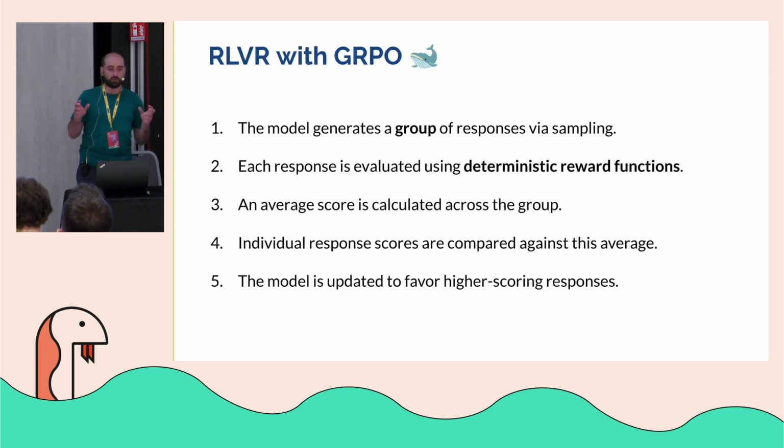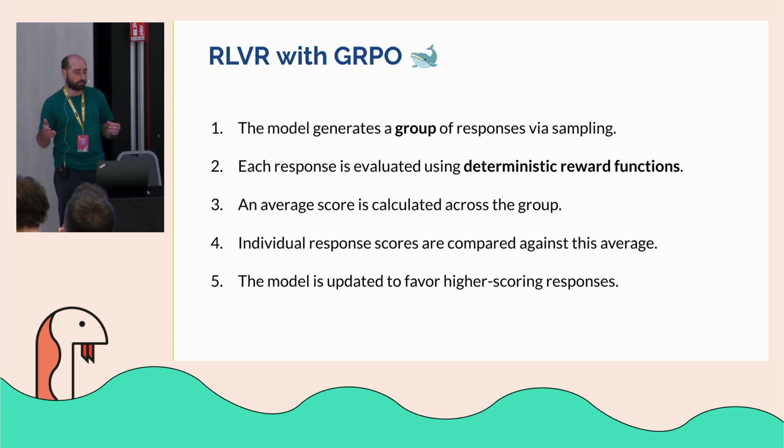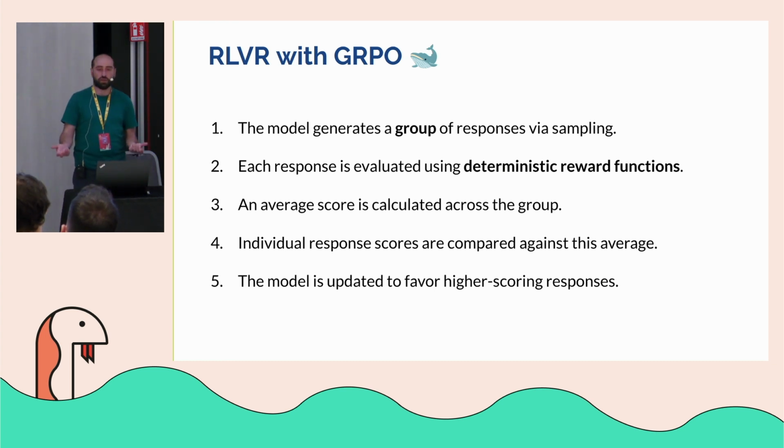And so, let's talk about GRPO, which is Group Relative Policy Optimization, the technique used by DeepSeek. And here, we are also talking about reinforcement learning with verifiable rewards, meaning that it is applicable to verifiable domains like math. So how does this GRPO work? We make the model generate a group of responses via sampling.